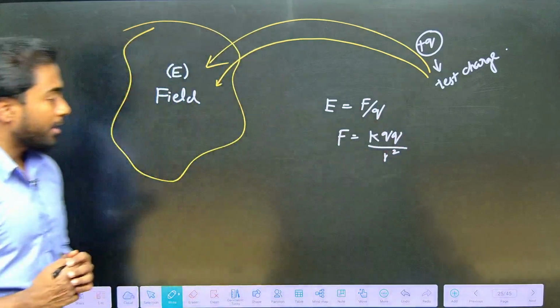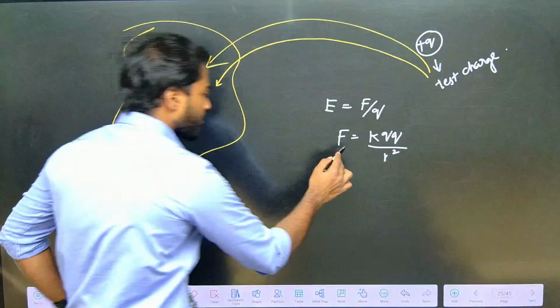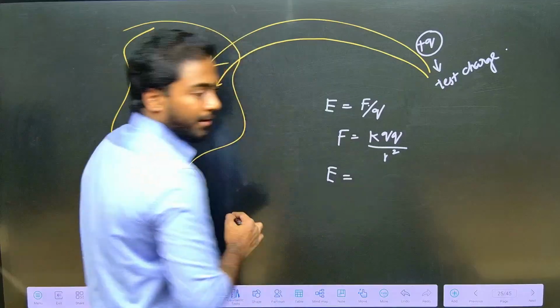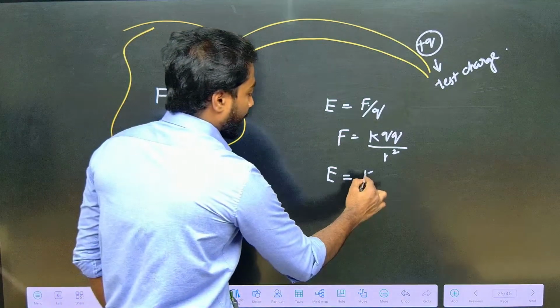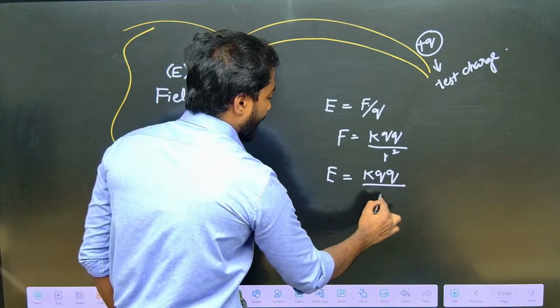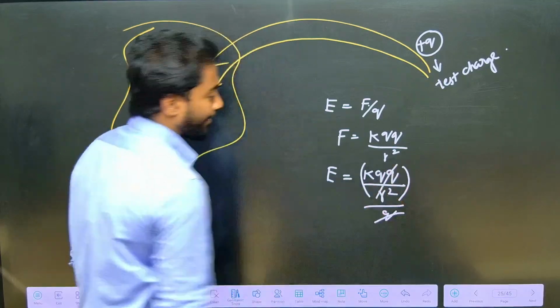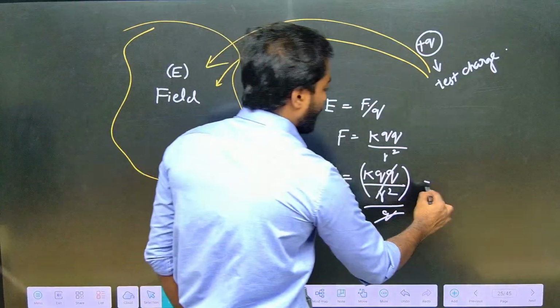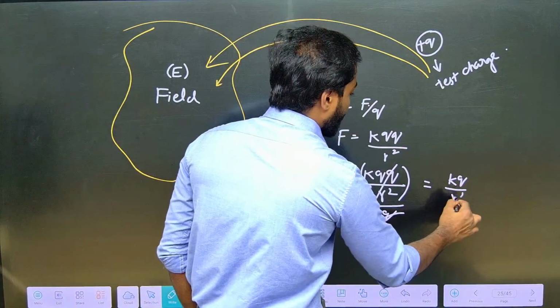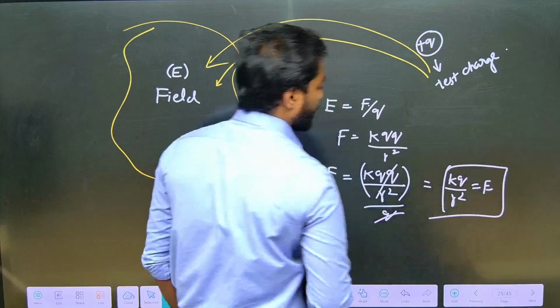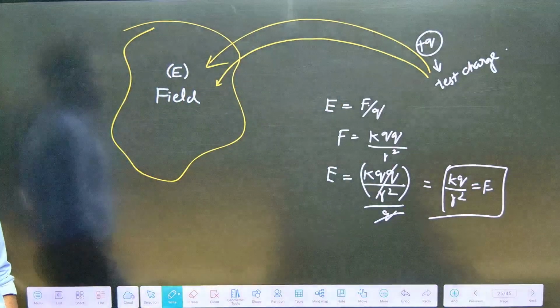If I substitute the value here, E is equal to K Q by R square divided by Q. Q and Q get cancelled, so the remaining term is K Q by R square. This is the formula for the electric field, right?